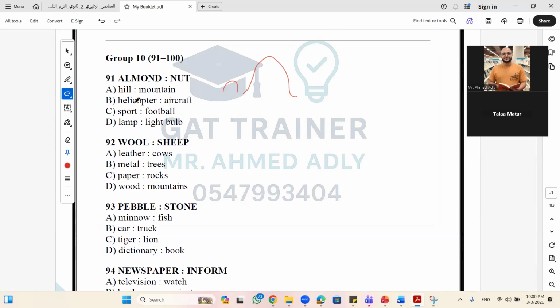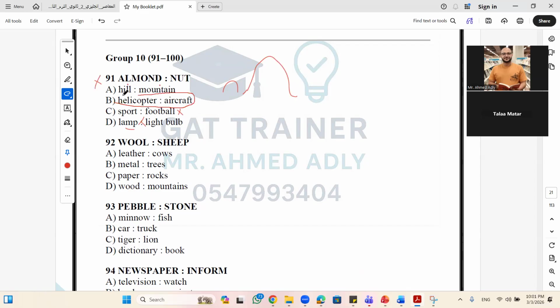Hill and mountain. Nope, it's impossible. Is a hill a type of mountain? No. Hills and mountains have different features. And sport and football, this is the wrong order. And lamp is not part of light bulb. Wrong order.